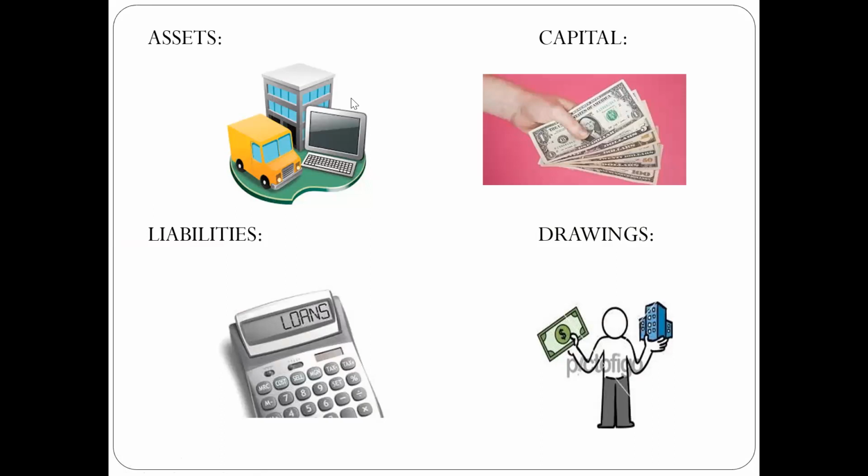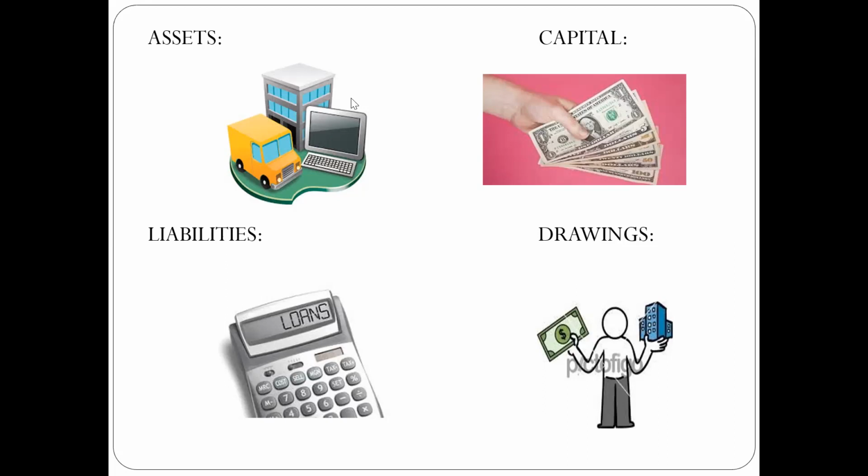So the first one you will see is assets, okay? Now, again, you see the picture of a panel van, a computer, a building. So those are examples of assets, okay? Assets, remember, are things that have a value that you own. So you own a vehicle, so a vehicle is an asset.